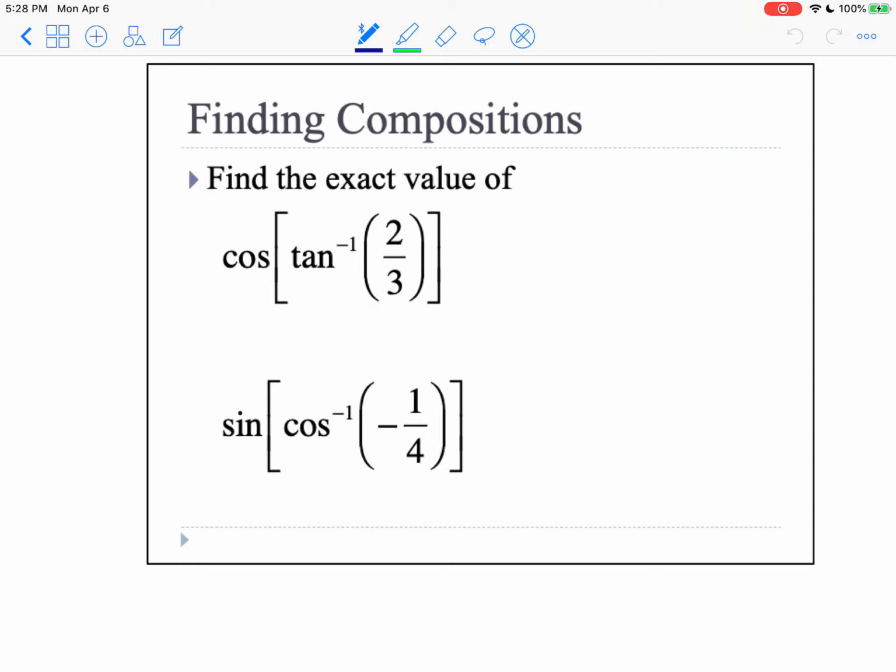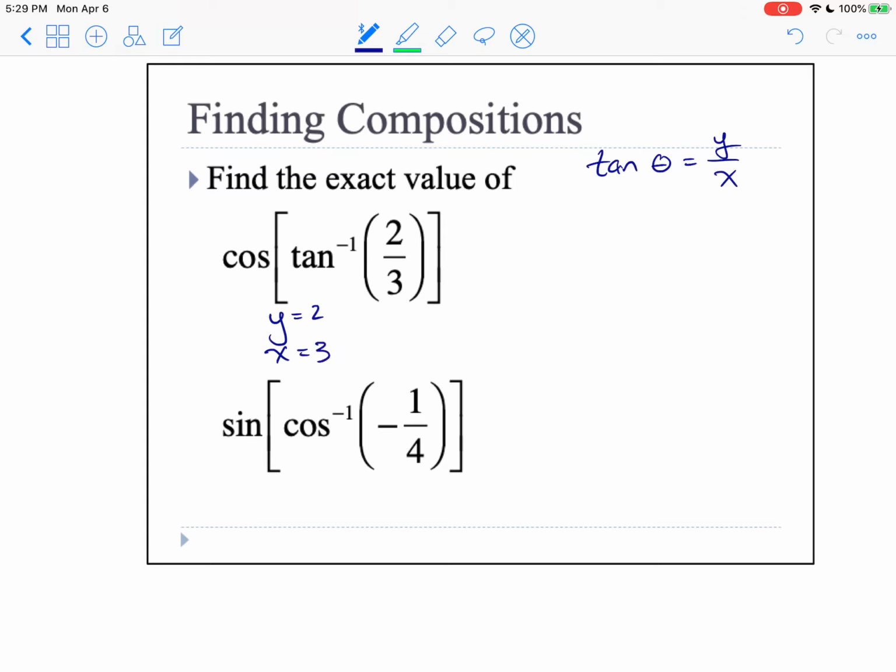If I use the definition of tangent, the ratio of sine over cosine, tangent of some angle is equal to y over x. And so in this scenario, I can see that y is equal to 2 and x is equal to 3.